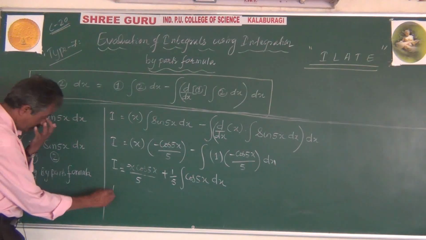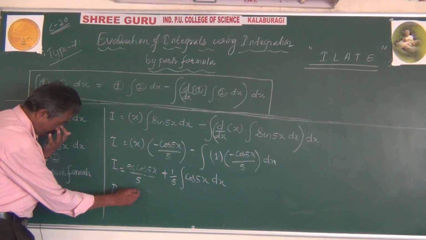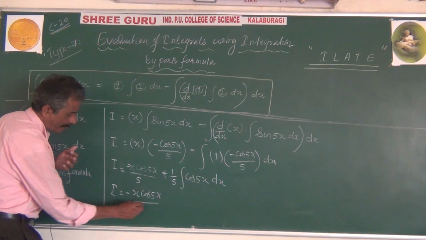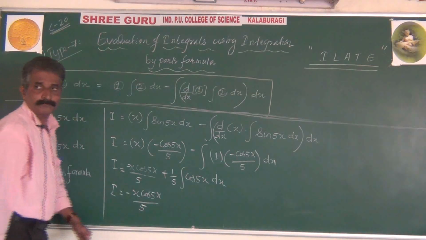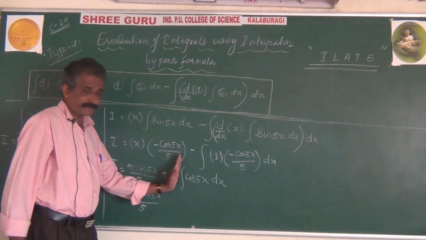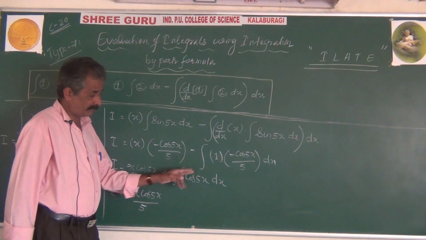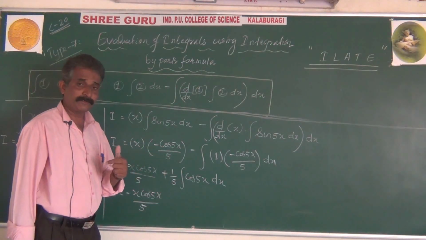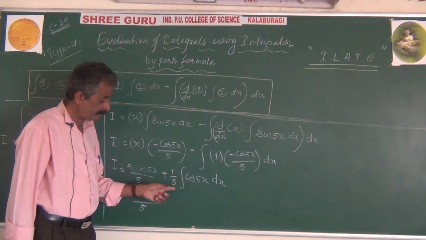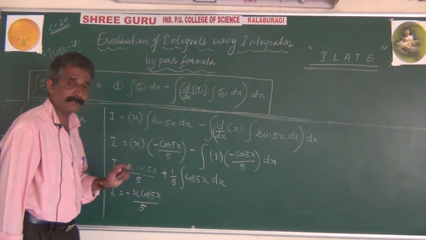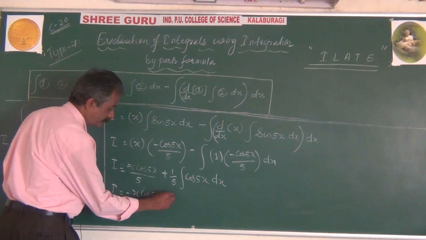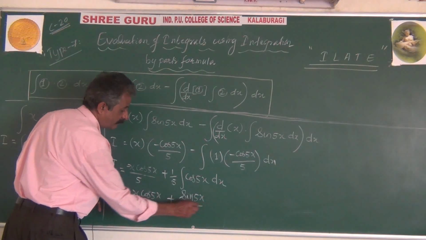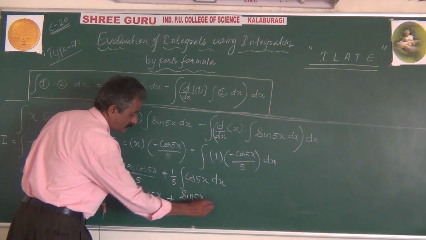So I equals to minus x cos 5x by 5. Here 1 by 5 remains the same, and think of what is integration of cos 5x: sin 5x divided by 5. Divided by 5 divided by 5 will become divided by 25. That is equal to sin 5x divided by 25 plus constant.